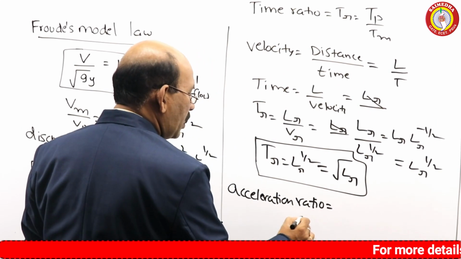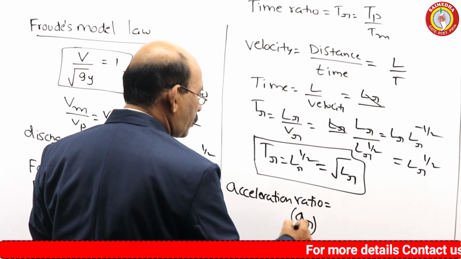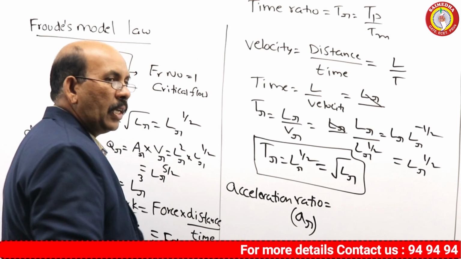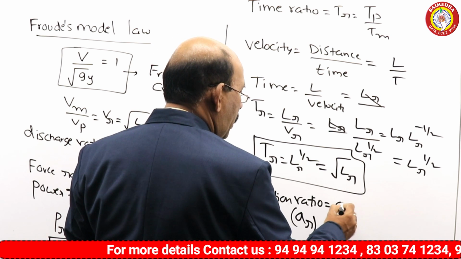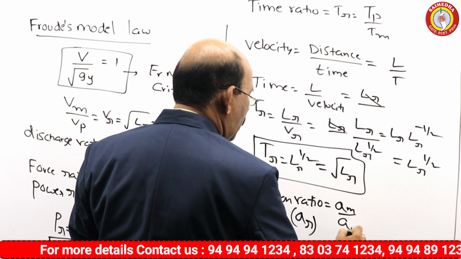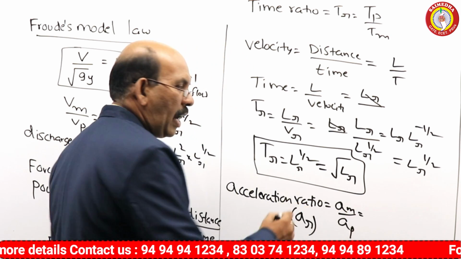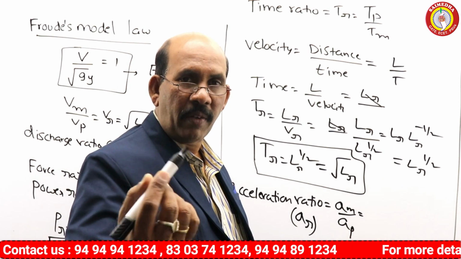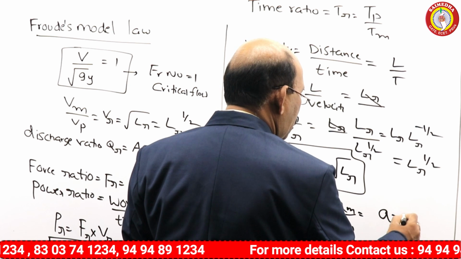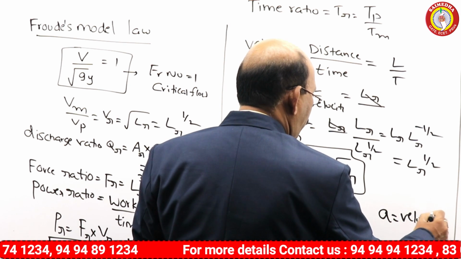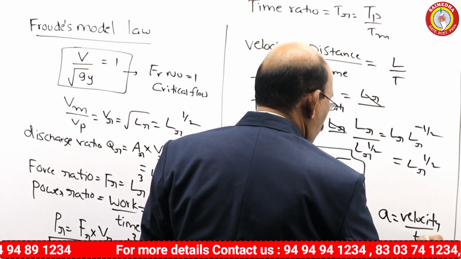This acceleration ratio Ar is nothing but Am by Ap, and accordingly we can write acceleration in terms of velocity by time. So acceleration is equal to velocity divided by time.